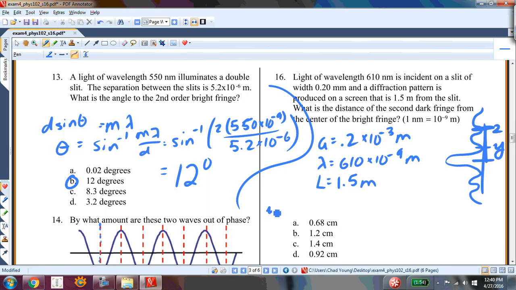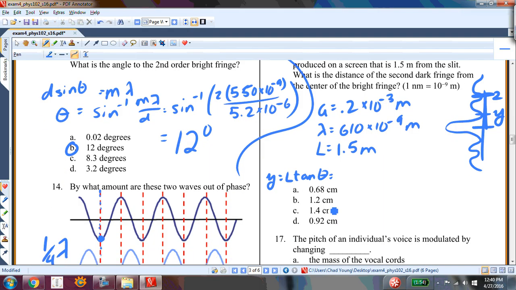Remember, y is equal to L tan theta. So I just need to find out what is theta, and then I can calculate y. To find theta, I do a sine theta equals m lambda. a I have, I'm looking for theta, it's the inverse sine of m lambda over a. m is 2. Lambda is 610 times 10 to the minus 9.